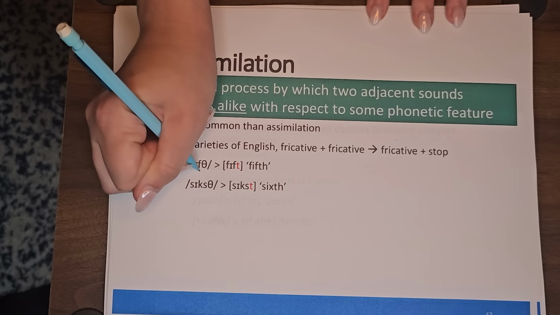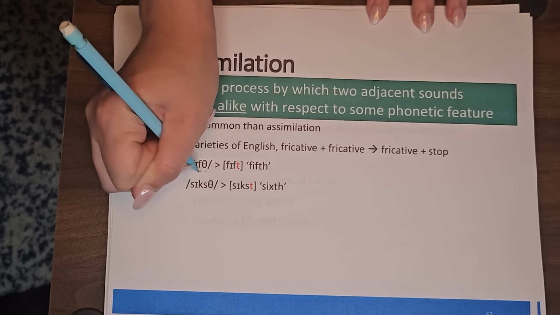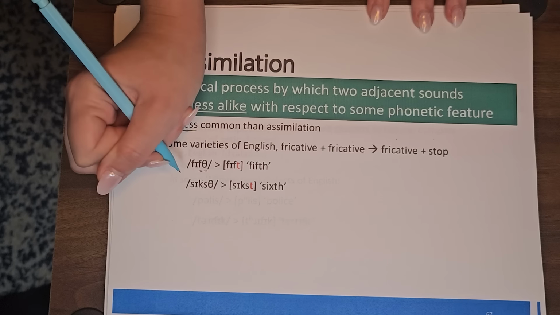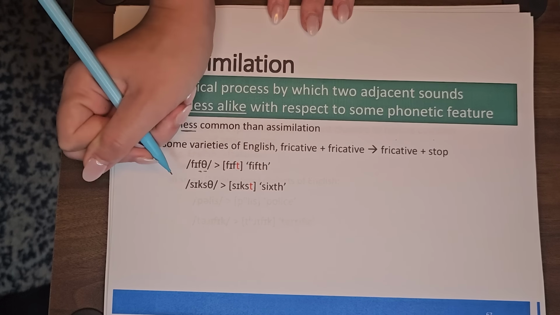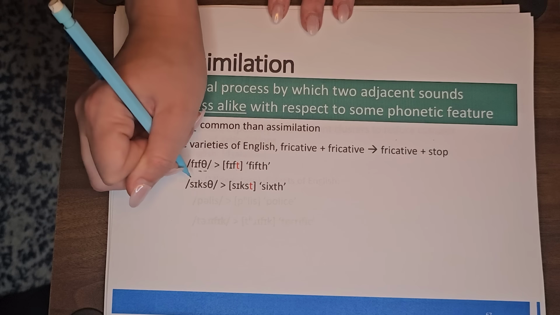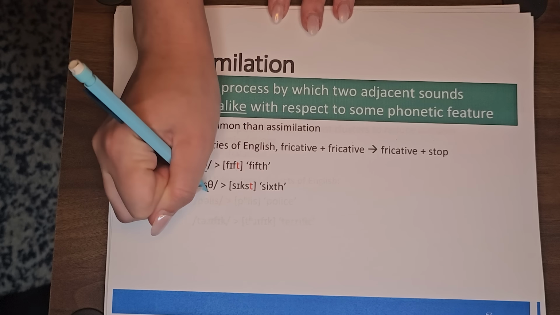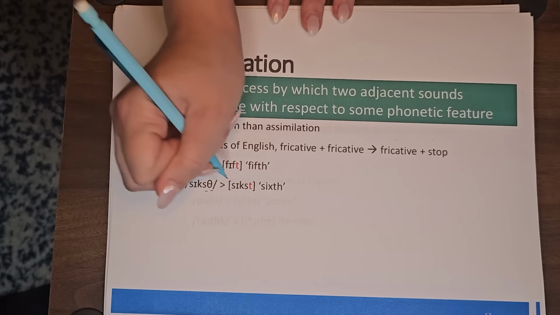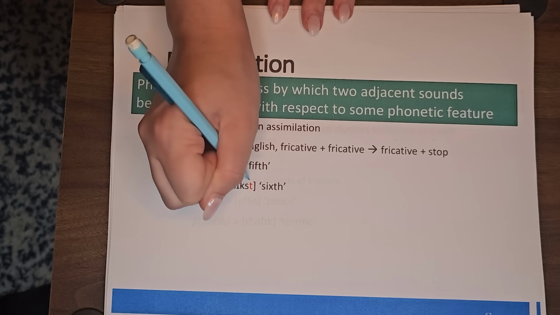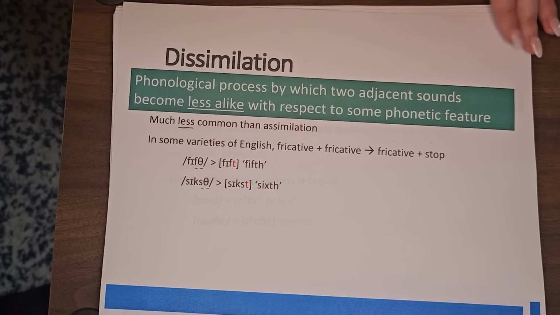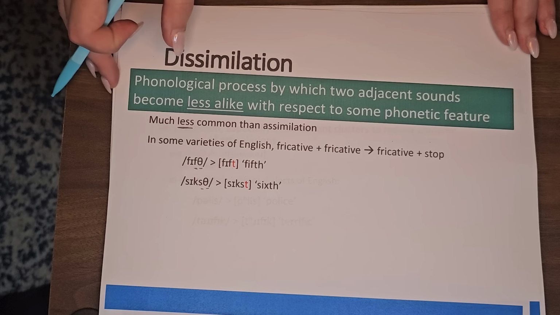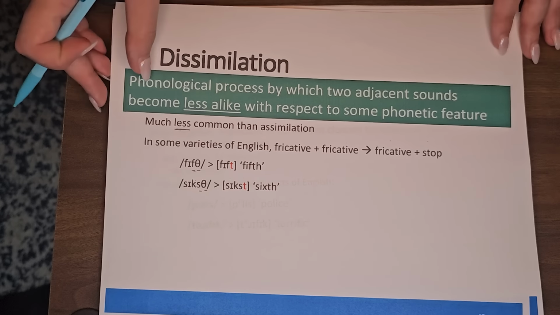So fifth, where two fricatives are put next to each other, might be pronounced as fifth with a t. Or sixth might be pronounced as sixt. This is not true for every variety of English, but it is true for some varieties of English.